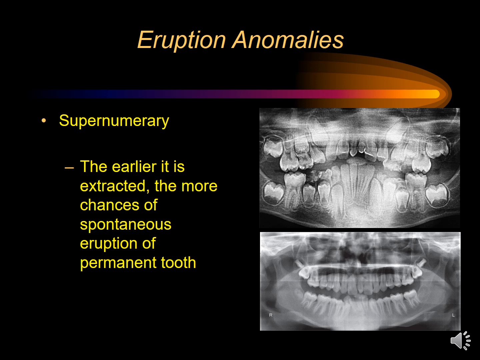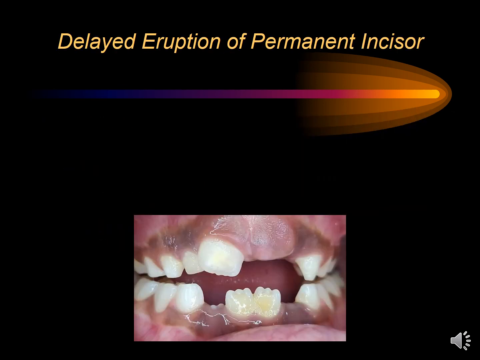But in the OPG above, we can see that the canines have not erupted, whereas in the OPG at the bottom, we can see all the permanent teeth are erupted. If we extract this mesiodens, it is more likely that the diastema will spontaneously close in the case of the upper OPG, as the canines have not erupted yet.